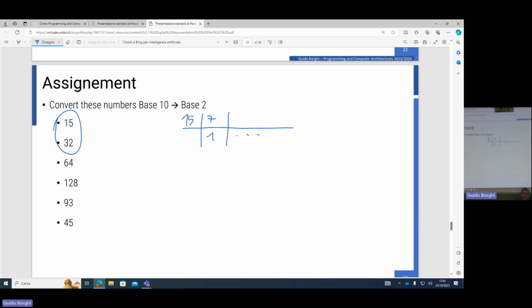With the 32, there is a trick, an escamotage in French, okay?